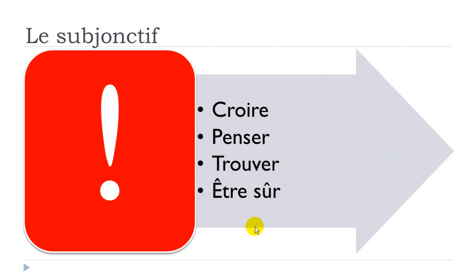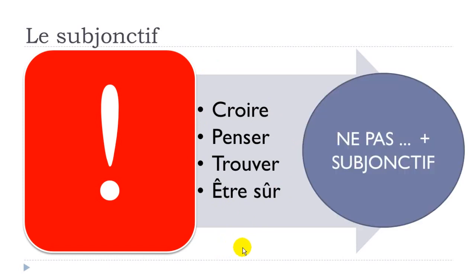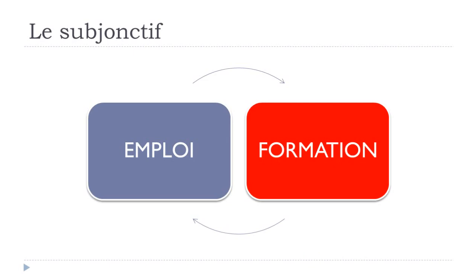But when you put these verbs in the negative form, they should be followed by the subjunctive. Okay, so keep that in mind. So croire, penser, trouver, être sûr: if you want to use these verbs in the negative form, they should be followed by the subjunctive. Let's see now how we'll make this subjunctive form.